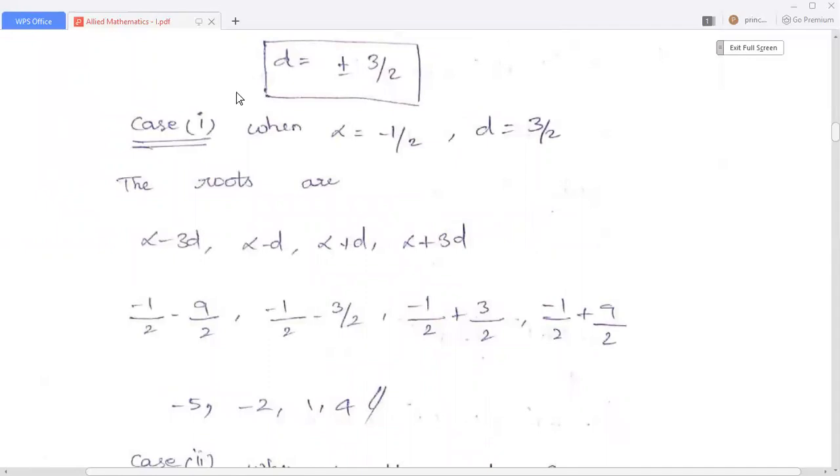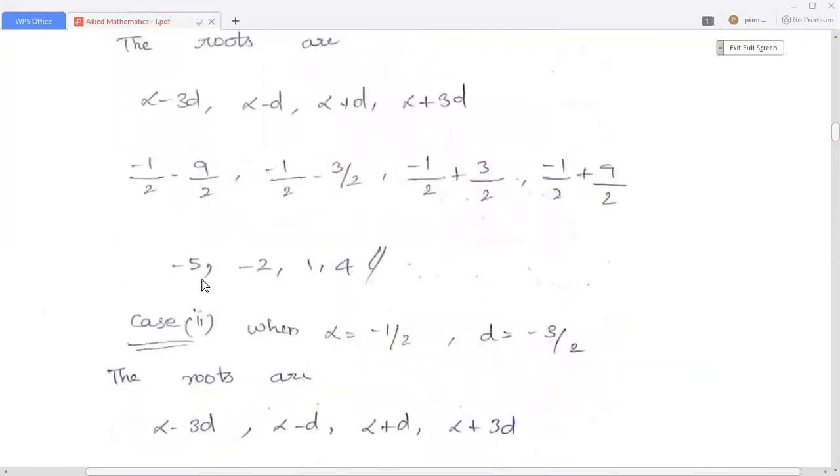So using the two values of alpha and d, now we are going to calculate the roots. Case 1, when alpha equal to -1/2 and d equal to 3/2, the roots are alpha minus 3d, alpha minus d, alpha plus d, alpha plus 3d. We substitute the values of alpha and d in these roots, and we get -5, -2, 1, 4.